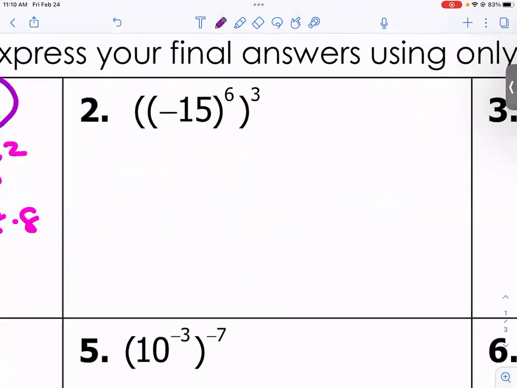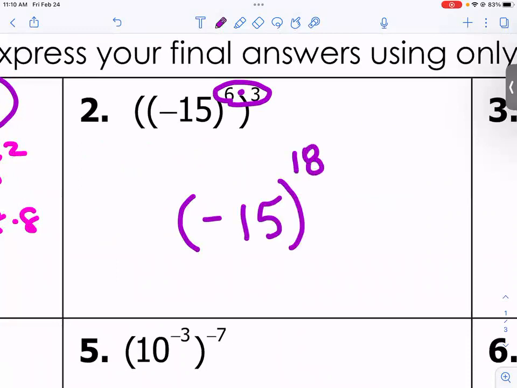So let's look at number 2. Do we have a power raised to a power? Okay. So we're going to take these exponents right here and we're going to multiply them. So this becomes negative 15 to the 18th power. I'm not going to make you put that in your calculator. Is that okay?